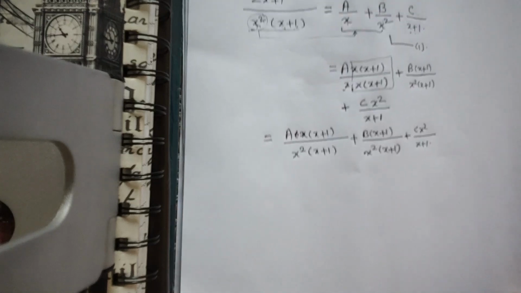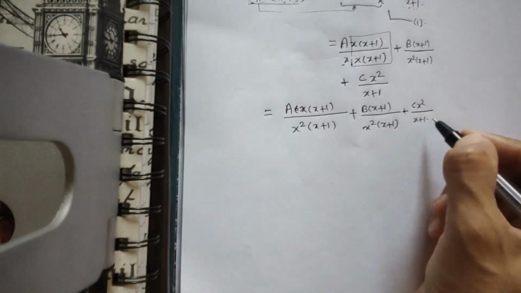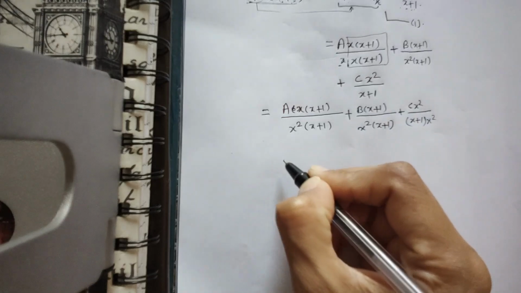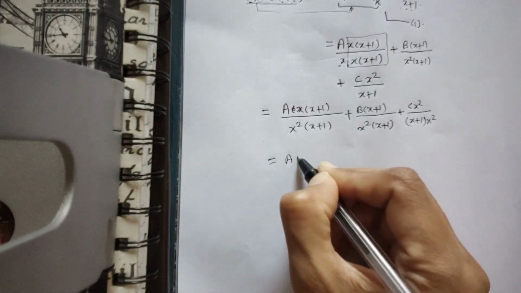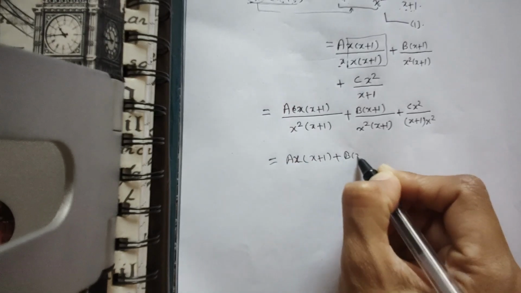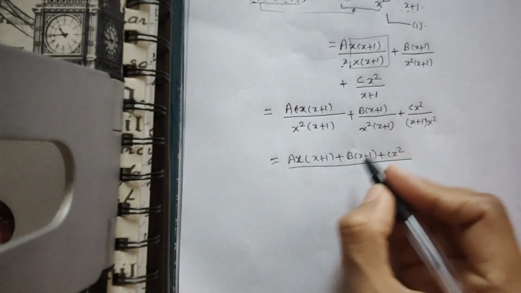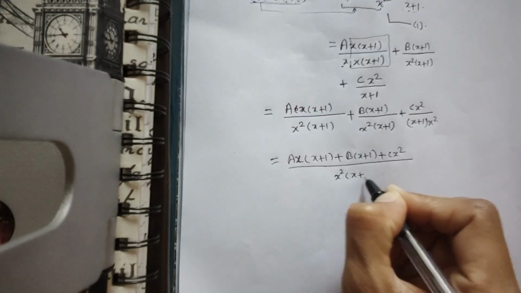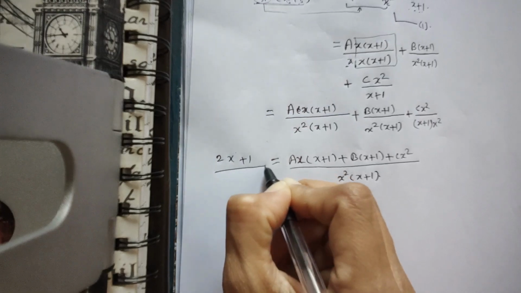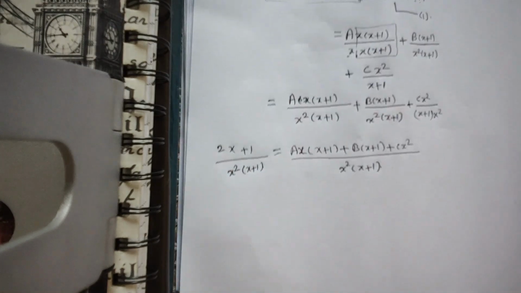Just observe the steps carefully. So now the denominators are equal, the same, so I'm just adding them. What will I get? A x into (x + 1) plus B into (x + 1) plus C x square upon LCM, x square into (x + 1). And what I have this side? (2x + 1) upon x square into (x + 1).